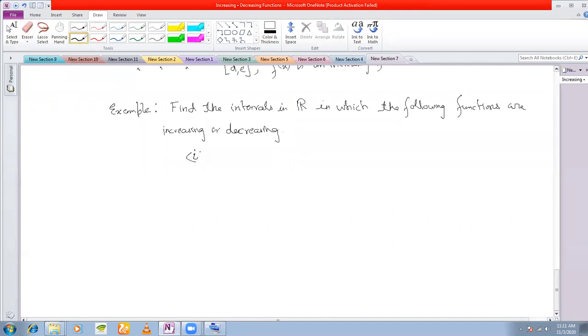The first function that is given is fx is equal to 3x square minus 4x. The next function that is given to you is 5x square plus 7x minus 13. So let us check for these two functions in which intervals these are increasing and in which intervals these are decreasing.